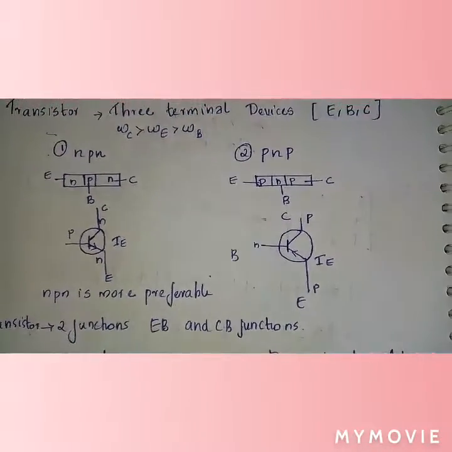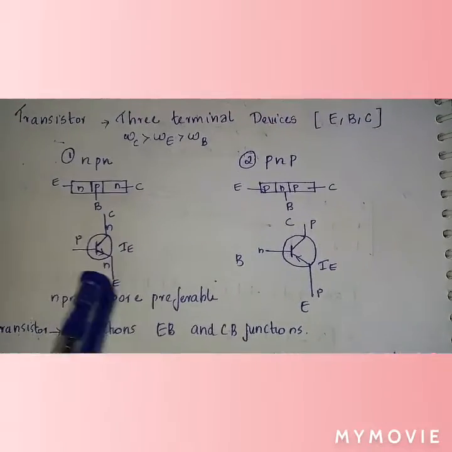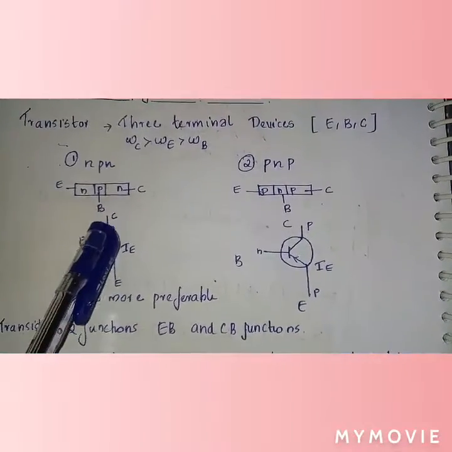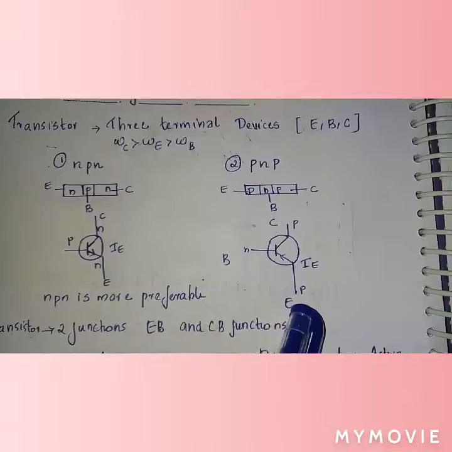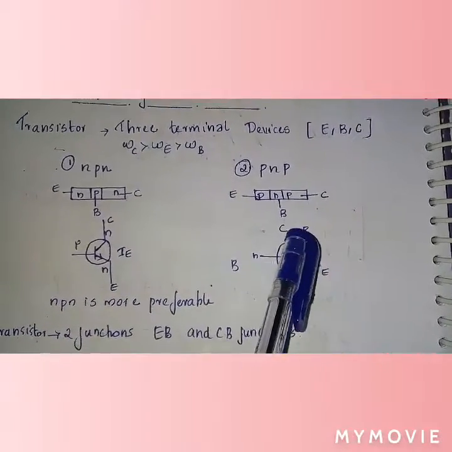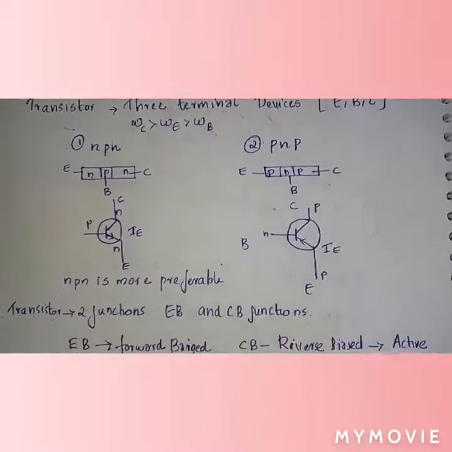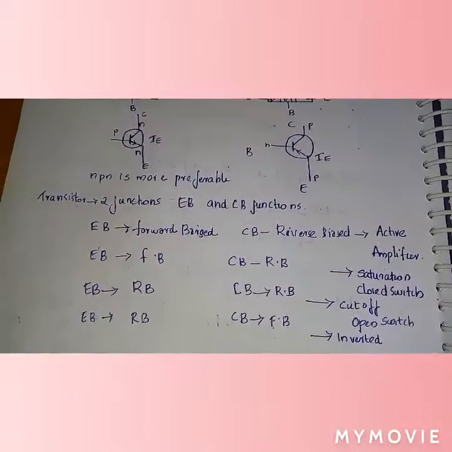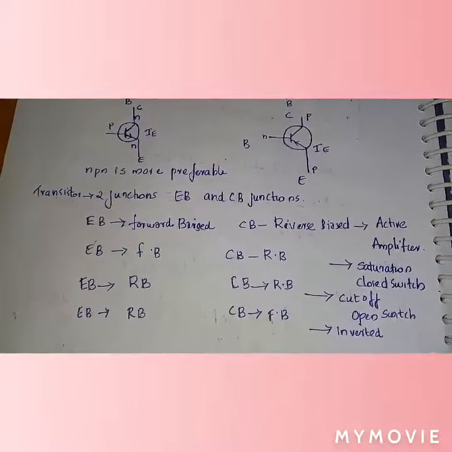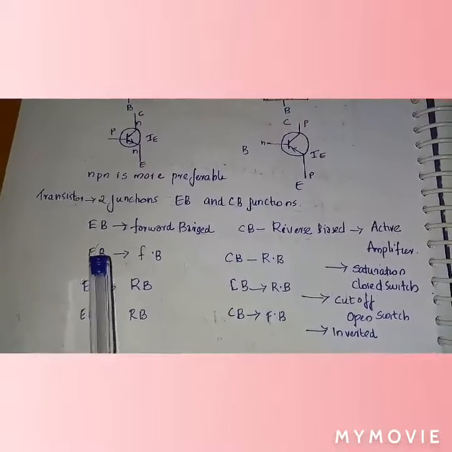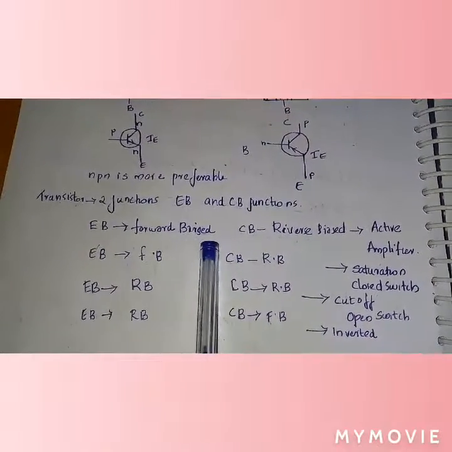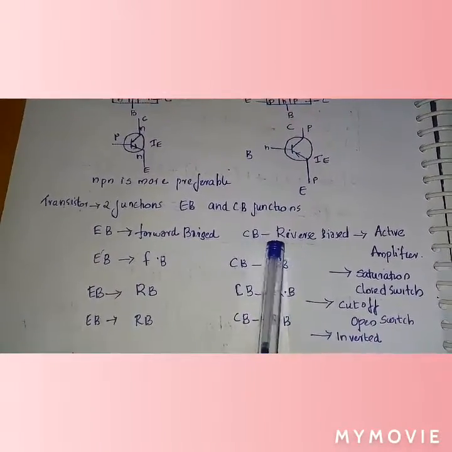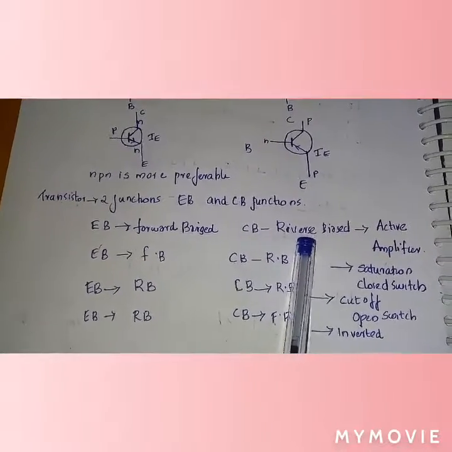We should know about the junctions in a transistor. We have two junctions, that is the emitter base junction and the collector base junction. Here also, the emitter base junction and the collector base junction. We have different methods of biasing. In one, the emitter base junction is forward biased and the collector base junction is reverse biased.